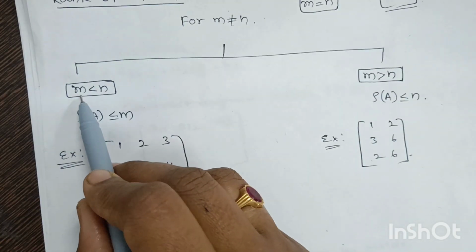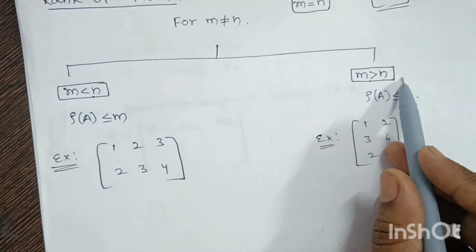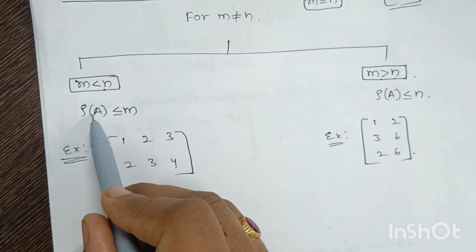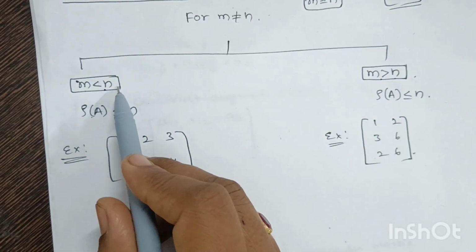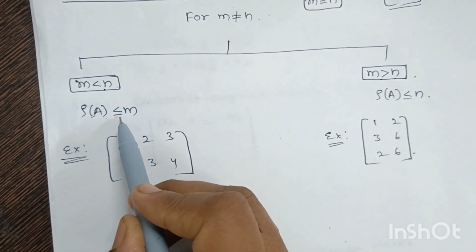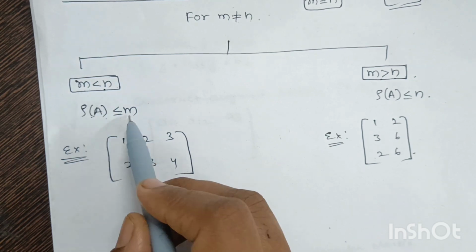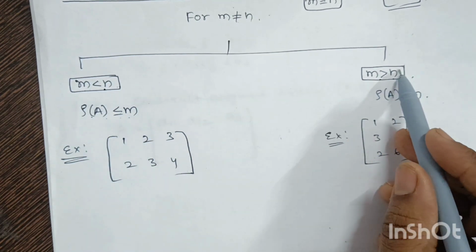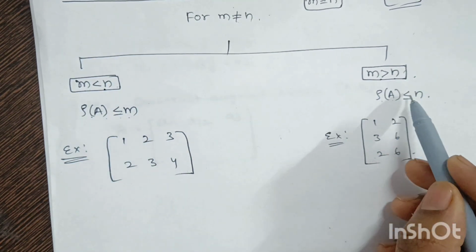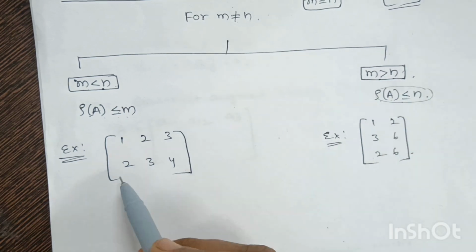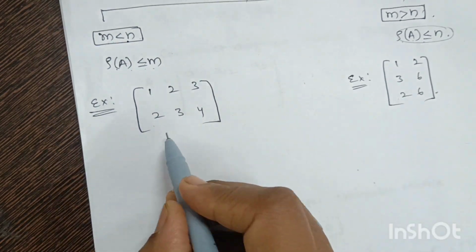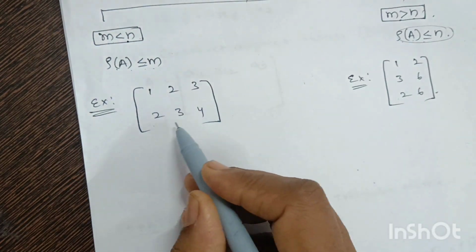First, m is less than n, and next, m is greater than n. For m less than n, the rank of A is less than or equal to m, which is the smaller one. In the case where n is smaller, the rank of A is less than or equal to n. For example, here I took one example: 1 2 3, 2 3 4.